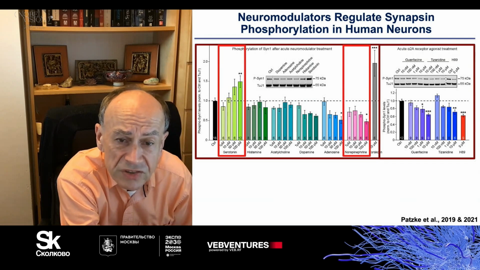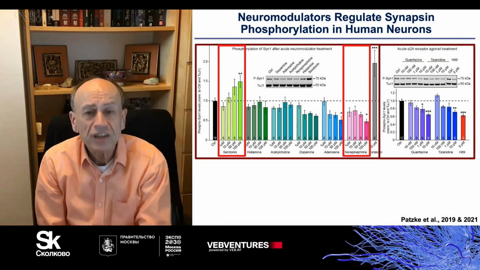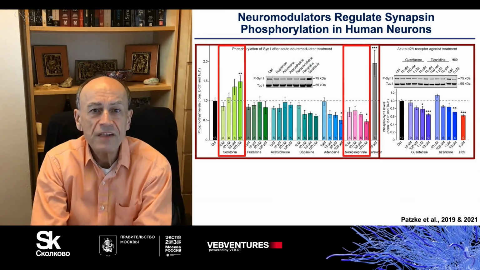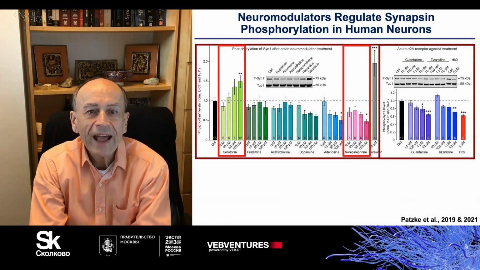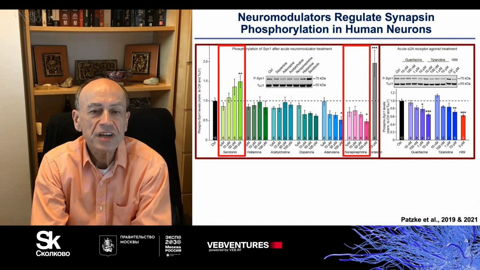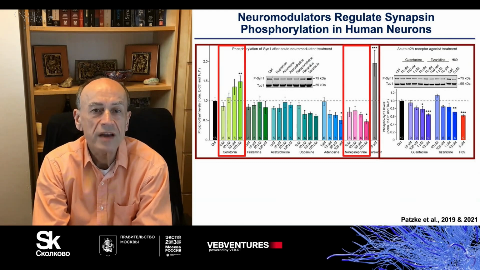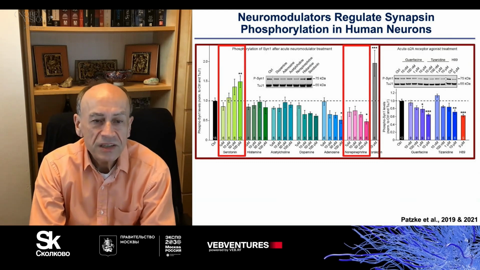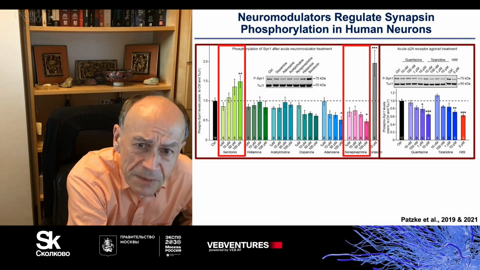And we can mimic this using drugs that are alpha-2 receptor agonists, as shown here on the right, and that change phosphorylation of synapsin 1 by stimulating the norepinephrine receptor.